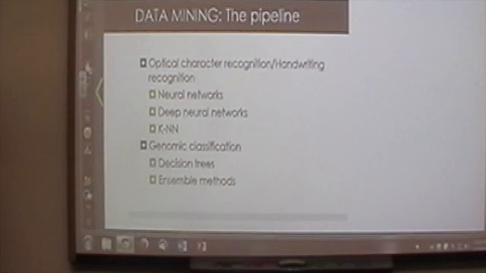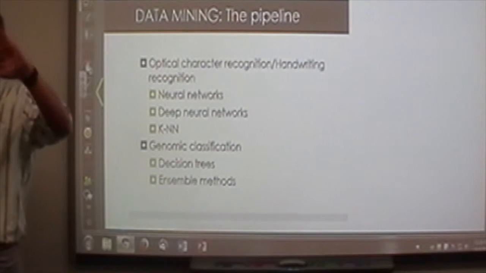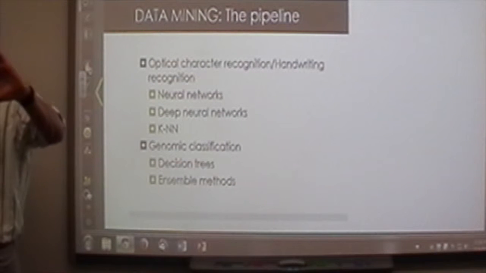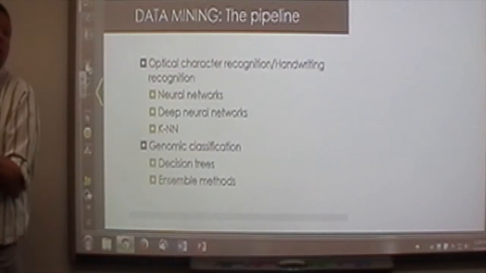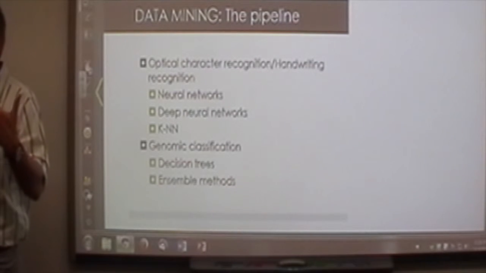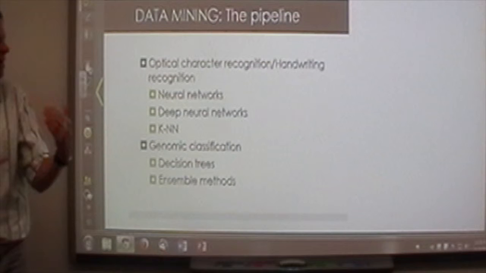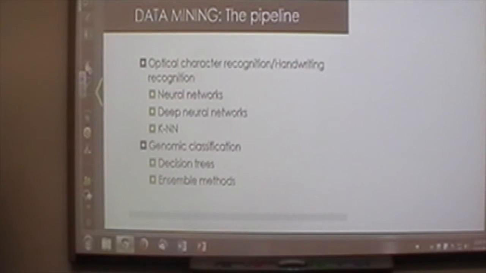If you're looking at trying to do optical character recognition, OCR, or handwriting recognition, neural networks tend to have really good performances, and the best performers tend to be even deep neural networks. So do all different types of these have their own thing?